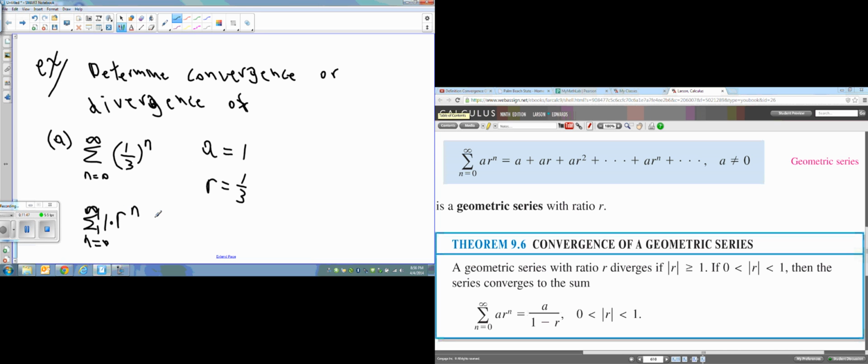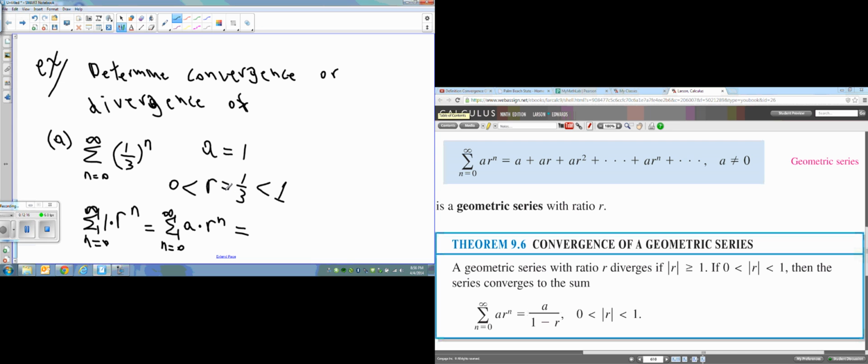So basically what I have here is a geometric series. This geometric series has a as 1 and is multiplied by r to the n, and by theorem 9.6, this converges because r is less than 1 but greater than 0.